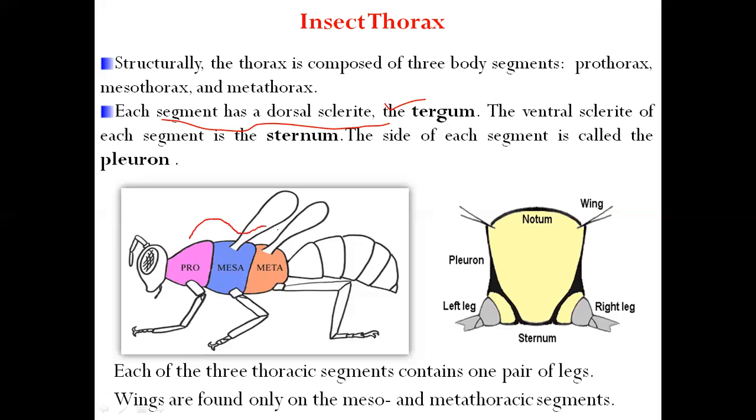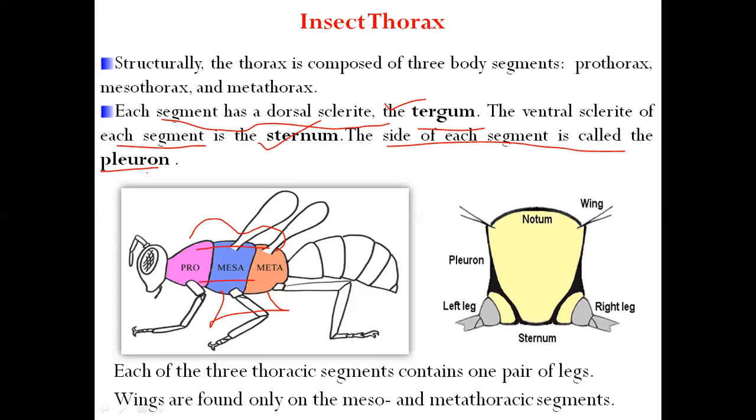The ventral side of each segment is called the sternum. And each side of the insect body is called the pleura.